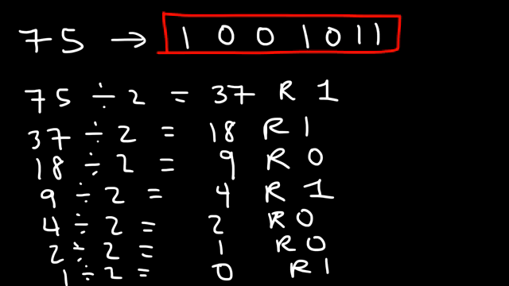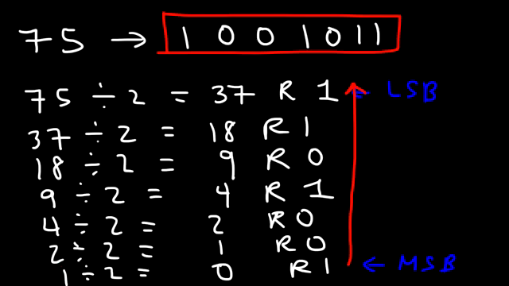So at the bottom, you have the MSB, or the most significant bit. At the top, you have the LSB, or the least significant bit. Now, the way you read it is from the most significant bit to the least significant bit, so basically from the bottom to the top.